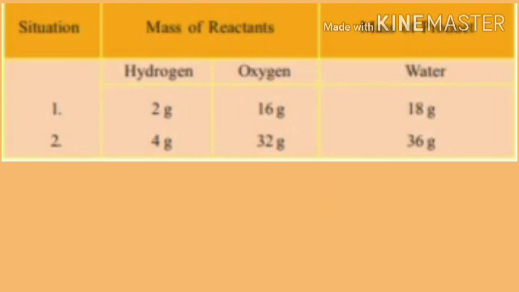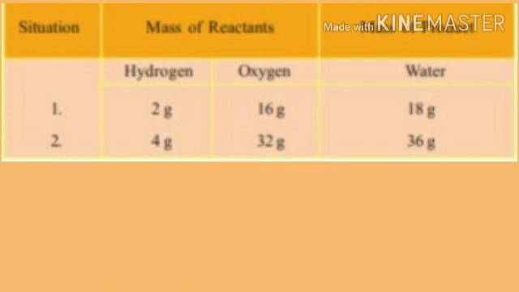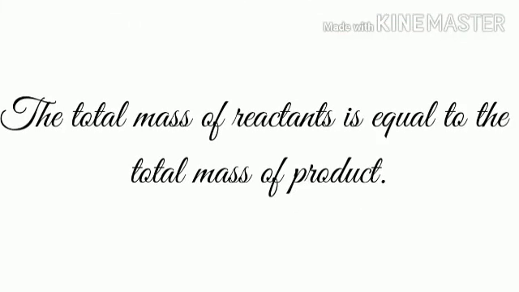And in situation 2, it is equal to 36 gram. Now what do you understand from this? What is the relation between the total mass of the reactants and the total mass of the product? The total mass of reactants is equal to the total mass of the product.